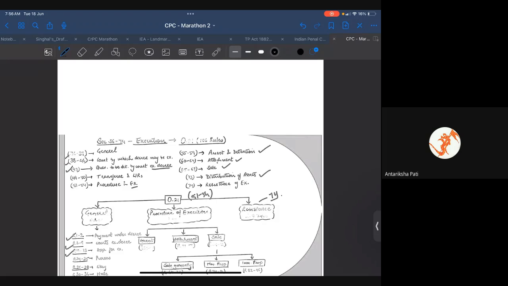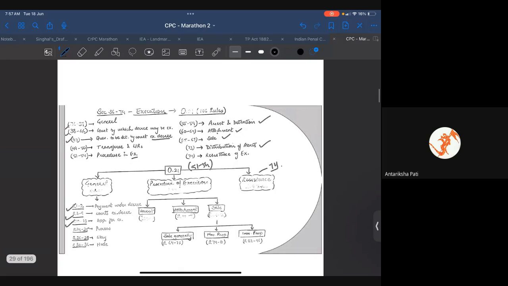Now coming to the largest chapter of CPC, that is execution, sections 36 to 74, along with Order 21, which has 106 rules. Now 36 and 37 is general, 38 to 46 is the code by which a decree may be executed, 47 is questions to be determined by the court. Then 49 and 50 is transferee and legal representatives, 51 to 54 is procedure in execution, 55 to 59 is arrest and detention, 60 to 64 is attachment, 65 to 67 is sale, 73 is distribution of assets, and 74 is resistance of execution.